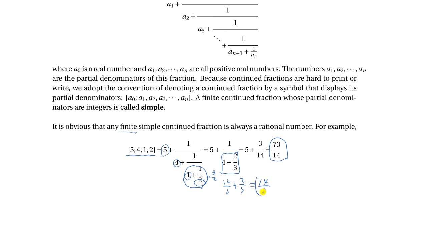Then 1 over 14 over 3 is the reciprocal, 3/14. So 5 plus 3/14. Eventually, any finite simple continued fraction is a rational number. That's clear, right?